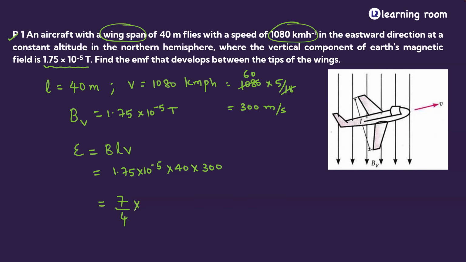So 7 by 4 into 10 power minus 5 into 10 power 3. It is 10 power minus 2 into 4 into 3. So 4 and 4 will get cancelled. 7 into 3 is going to be 21. So 21 into 10 power minus 2 volt, or it is going to be 0.21 volt. So this will be the EMF that is getting induced across the ends of the wing.